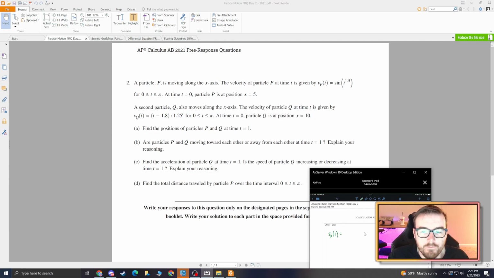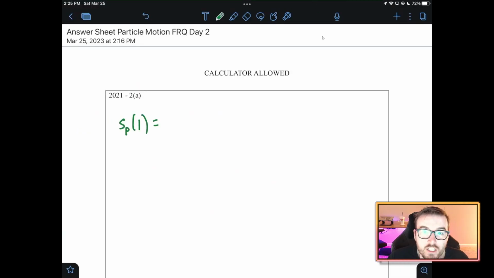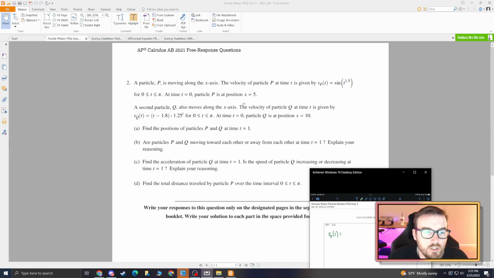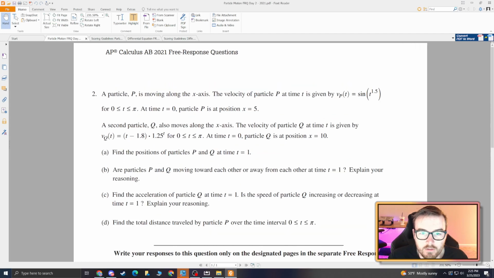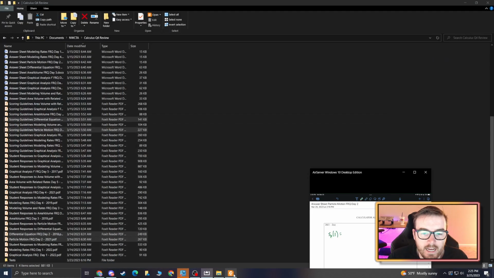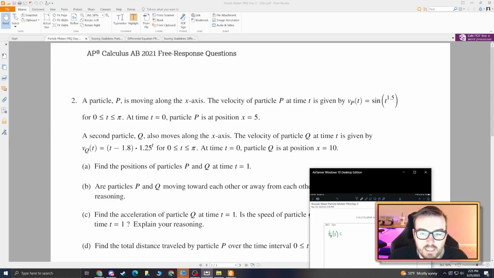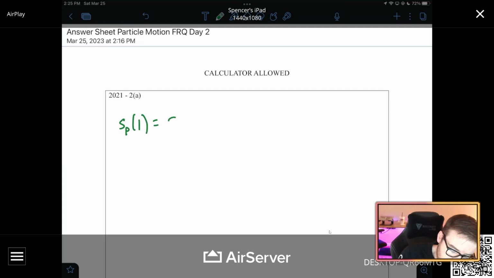So if we're finding the position after 1 second, we're going to use the initial condition of particle P, which is the position at t equals 0 is 5. So we're going to take that condition and say 5 plus the integral from 0 to 1 of the velocity function.